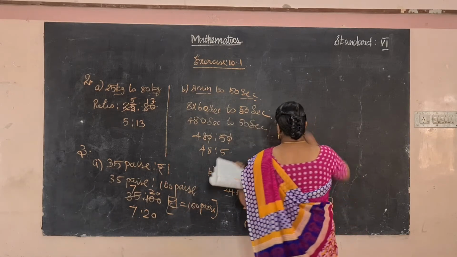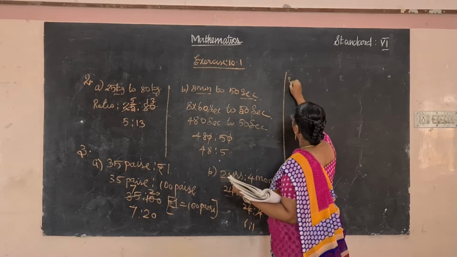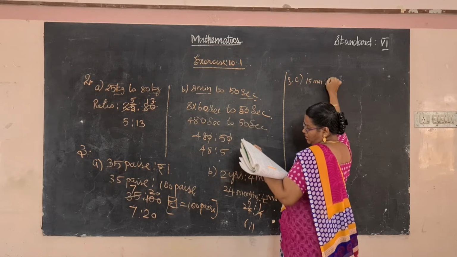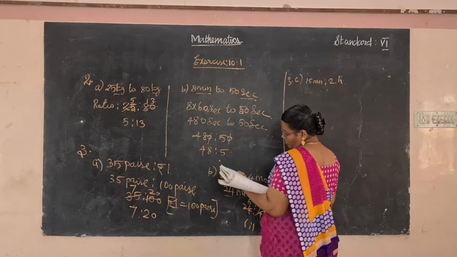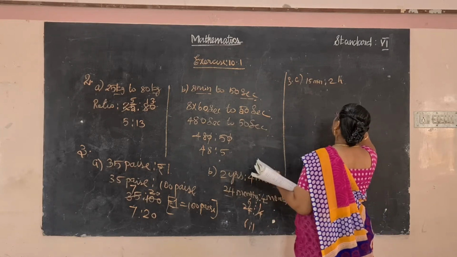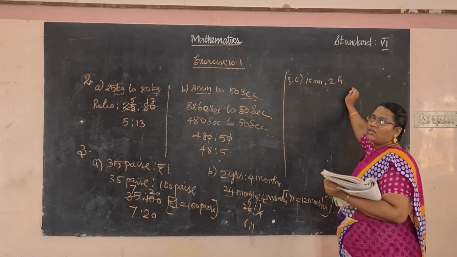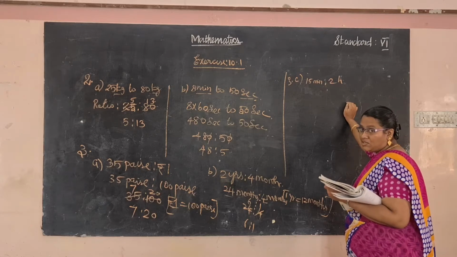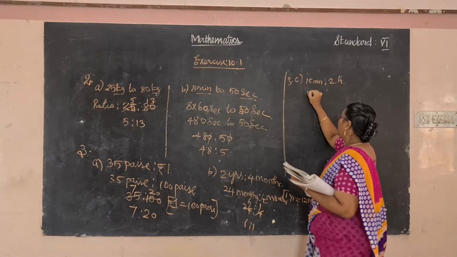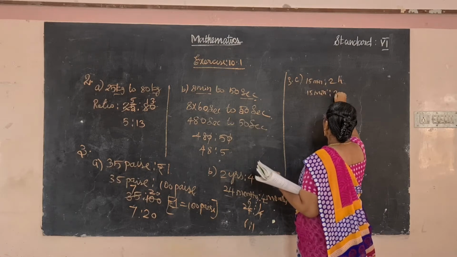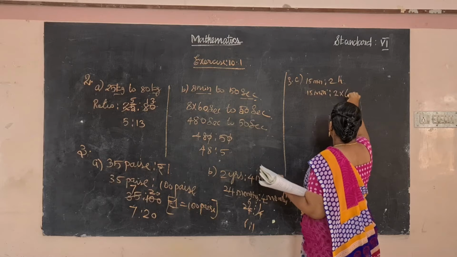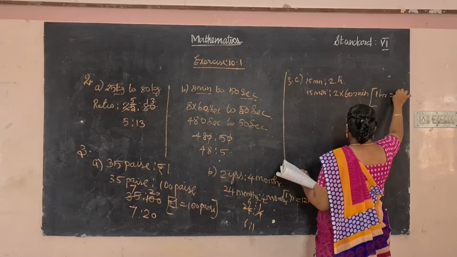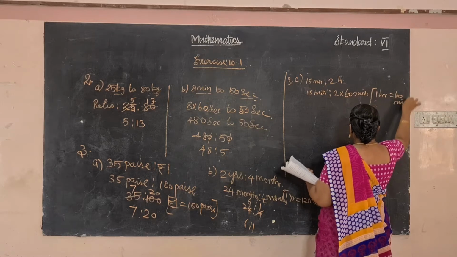And C, third C problem, 15 minutes is to 2 hours. Here also hours are converted to minutes. So 1 hour is how many minutes? 60 minutes. So 15 minutes is to 2 into 60 minutes, since 1 hour is equal to 60 minutes.